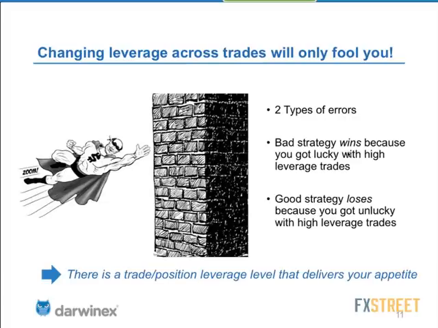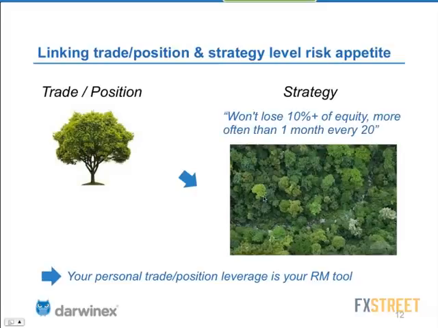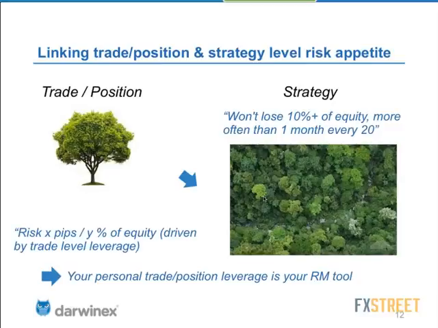And this is the key to a risk management framework. Basically, on the one hand, you have your trades or positions, i.e. trades taken at the same time. And over time, you will take a sequence of those trades, and that is what your strategy is. And the tool that links this risk appetite statement of "I will not lose more than, say, 10% of my equity more often than 1 month every 20" is, on the one hand, how many pips you're willing to risk on your trade or position.